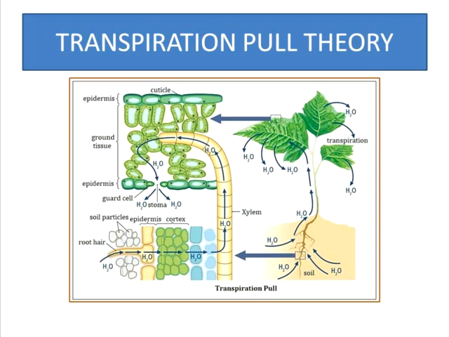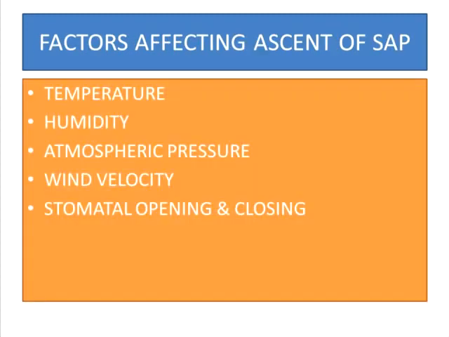Now we come to the various factors affecting the ascent of sap. How will the ascent of sap be affected, as it is dependent upon the transpiration pull? So the water transport is regulated by all those forces which affect the rate of water absorption and transpiration.